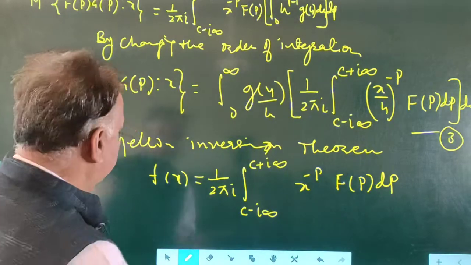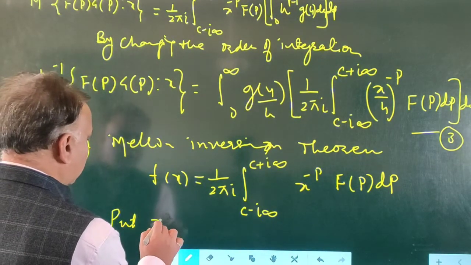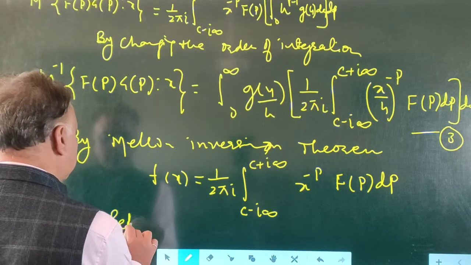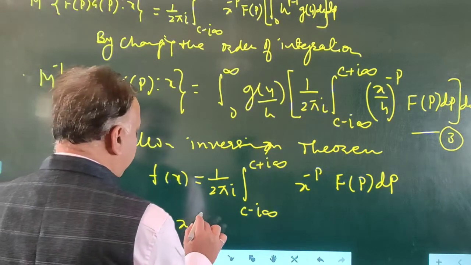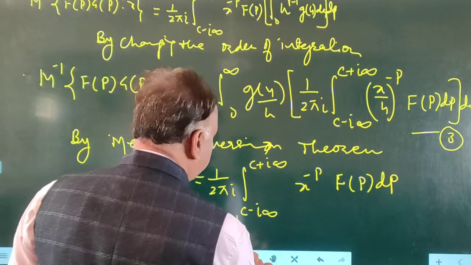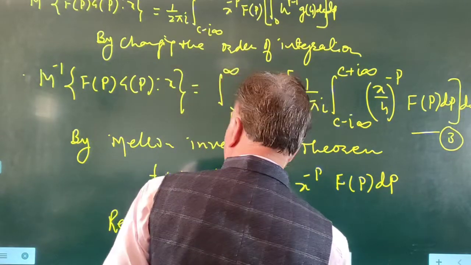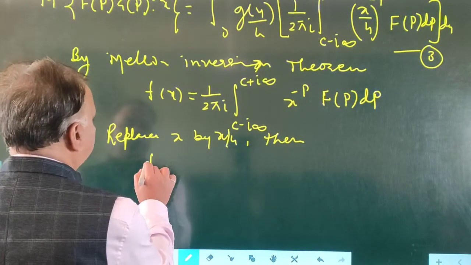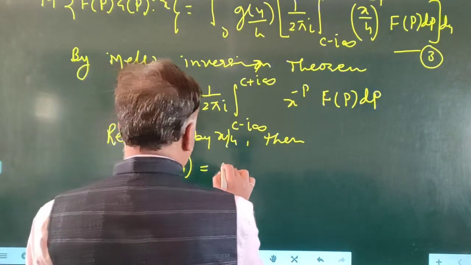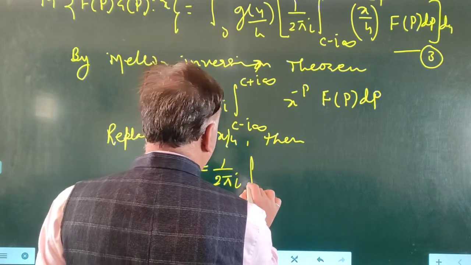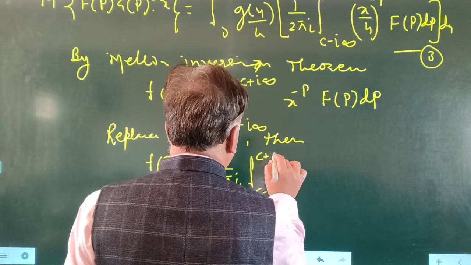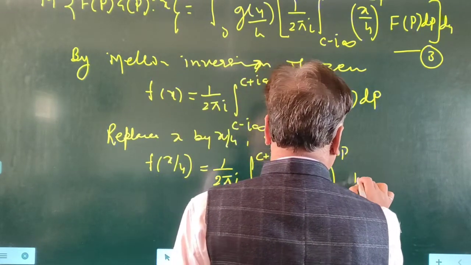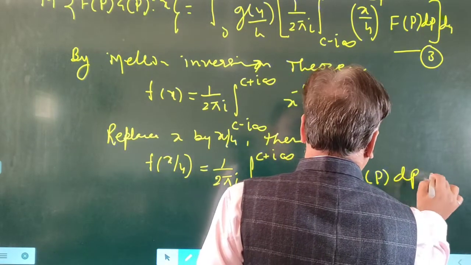Now if we replace x by x upon u, then we get f(x/u) equal to 1 upon 2 pi i, the integral from c minus i infinity to c plus i infinity of (x/u) raised to minus p F(p) dp. Equation 4.